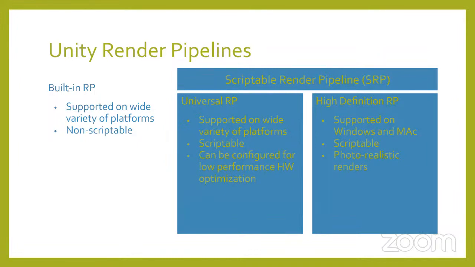Once you decide what Unity version to install, you will have to choose what render pipeline you would like to use. Render pipelines are the backend, how the game engine is rendering in the backend.